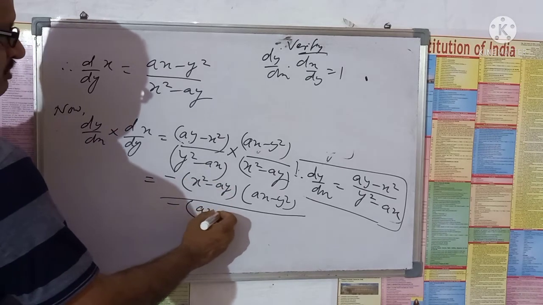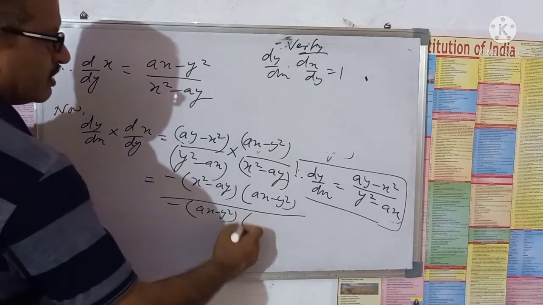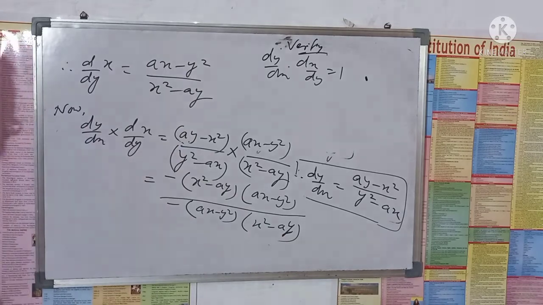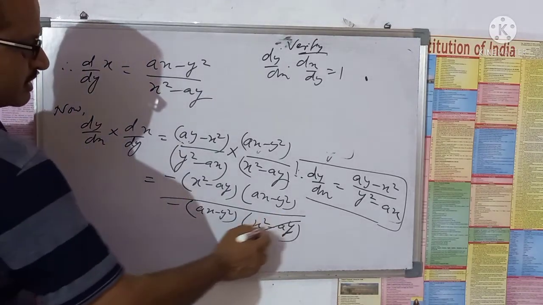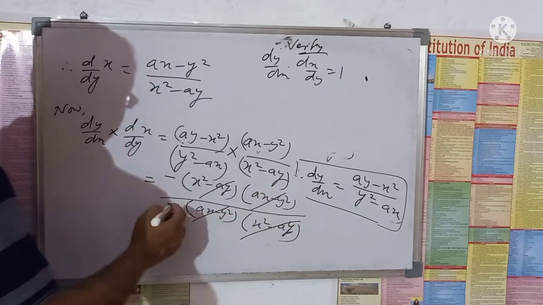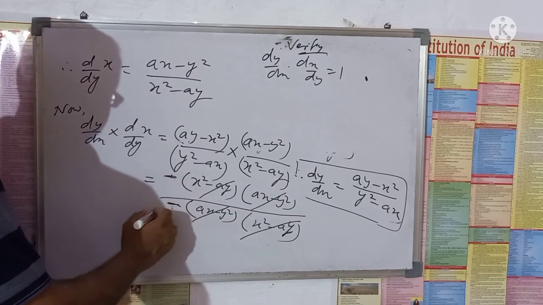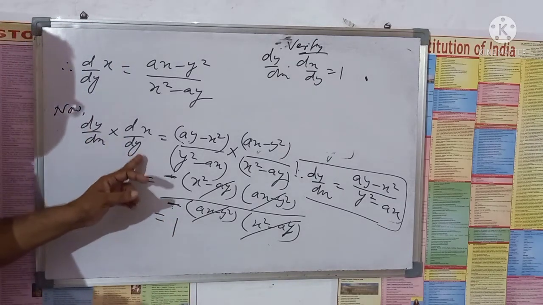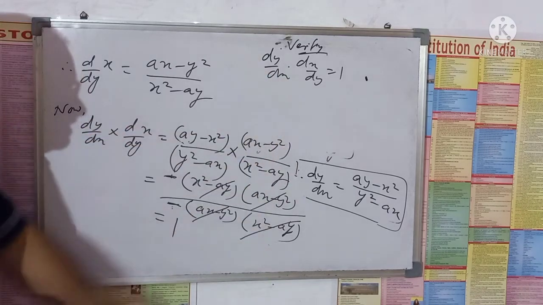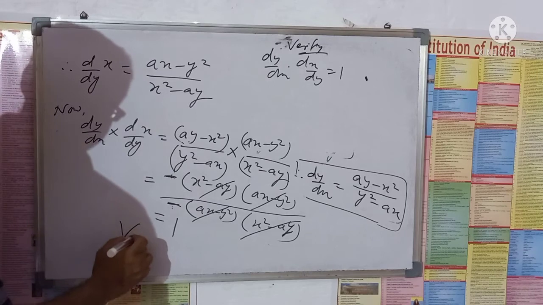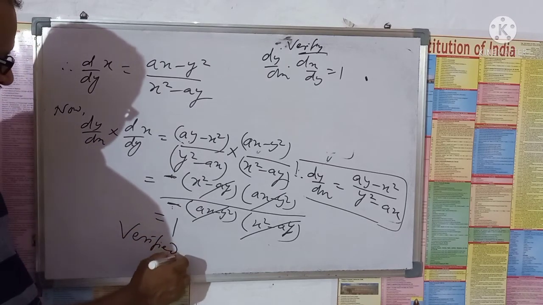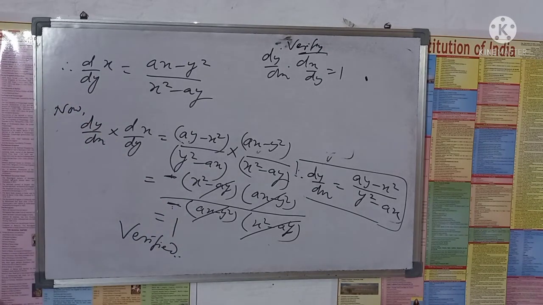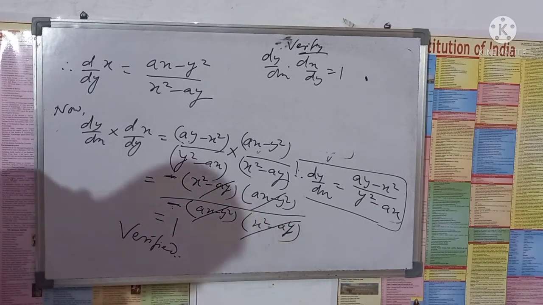So it will be (ax minus y square) times (x square minus ay). We can cancel these, and both numerator and denominator being negative, it will be positive. So it will be 1. So d by dx of y into d by dy of x, the product is 1. It is verified. So that was question number 7, second part.